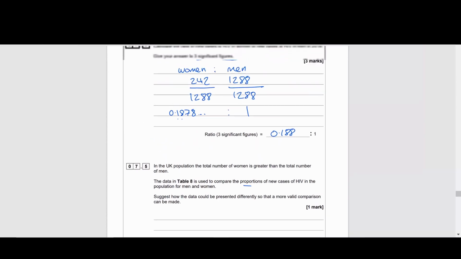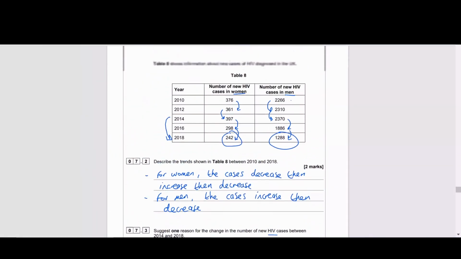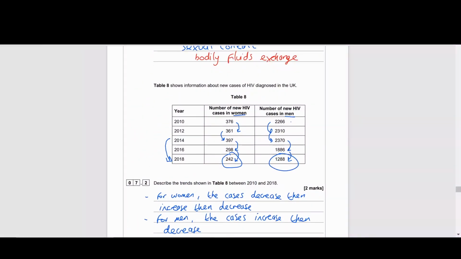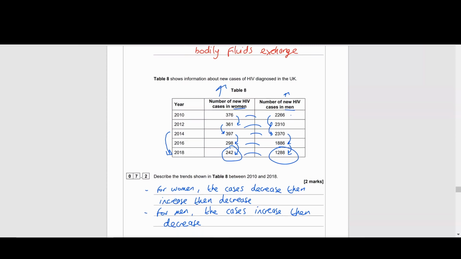So, finally going back into this table, they've told us that the population of women is greater than the population of men. So that will mean that the data is going to be a bit skewed now. So we need to think about how could we better show this data to allow comparisons between each of those cases in those different years.